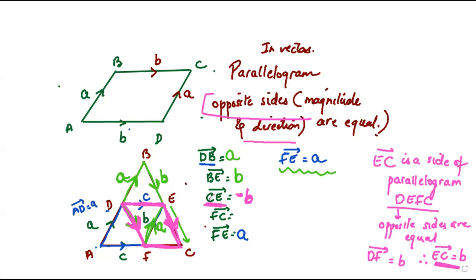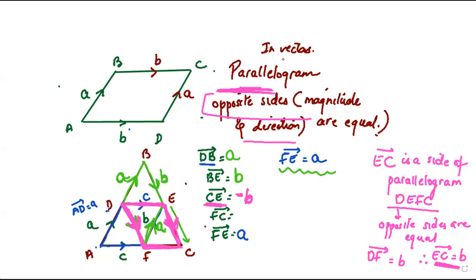So that I can easily find the value of the given vector. Clearly, we have to apply only this thing, that opposite sides are equal. So I have to find the opposite side of E to C in this pink parallelogram. The opposite side of vector E to C is B.